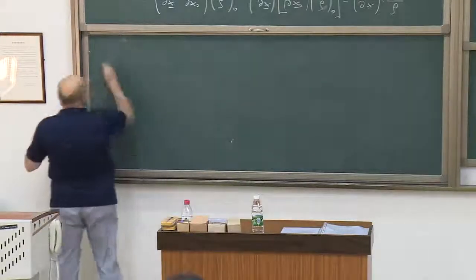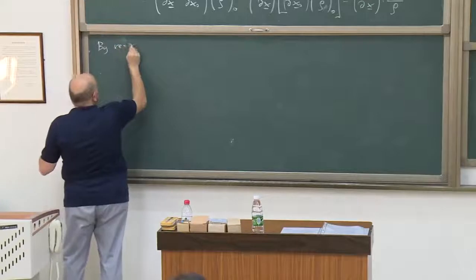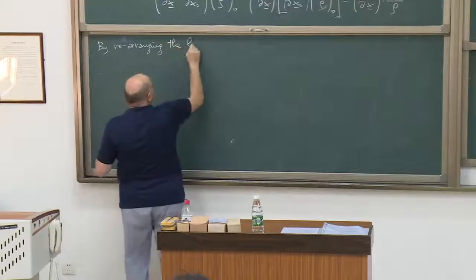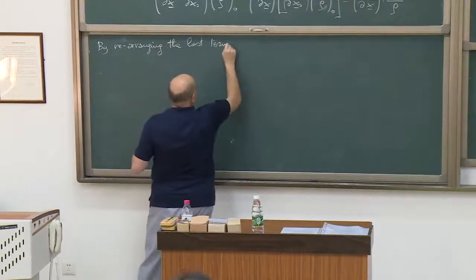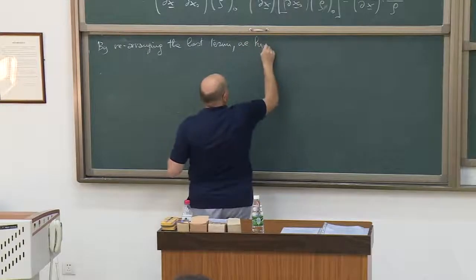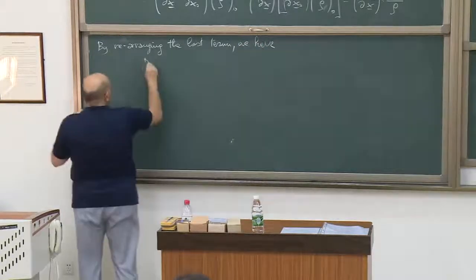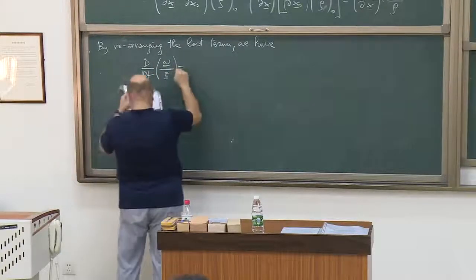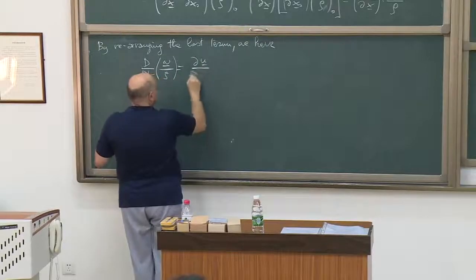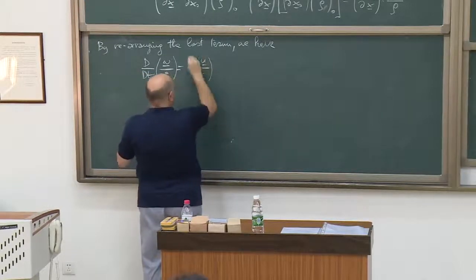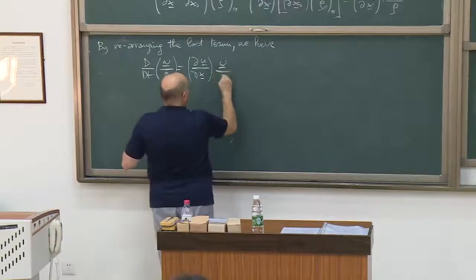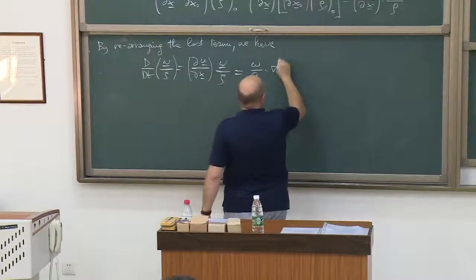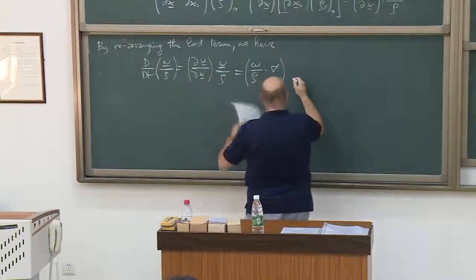Okay, so by rearranging the last term, we have d/dt of omega over rho is equal to du over dx, Jacobian, omega over rho, and this is omega over rho times the grad of u.